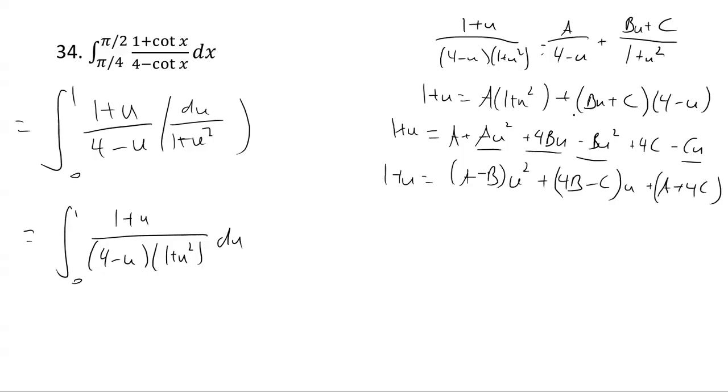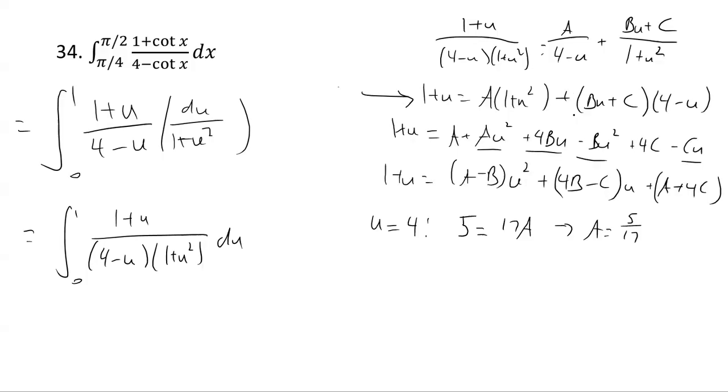We can match coefficients, but as I said, we can mix and match techniques. So if I plug in u equals 4 in the line above, this whole second term goes away. We get 5 equals 16 plus 1, so 17a. So a is 5 over 17.